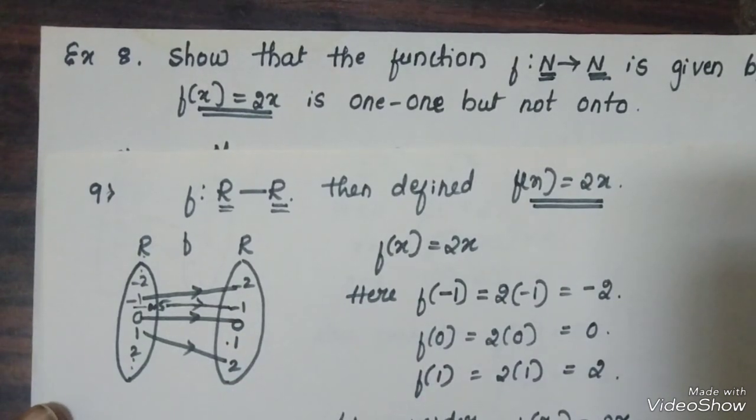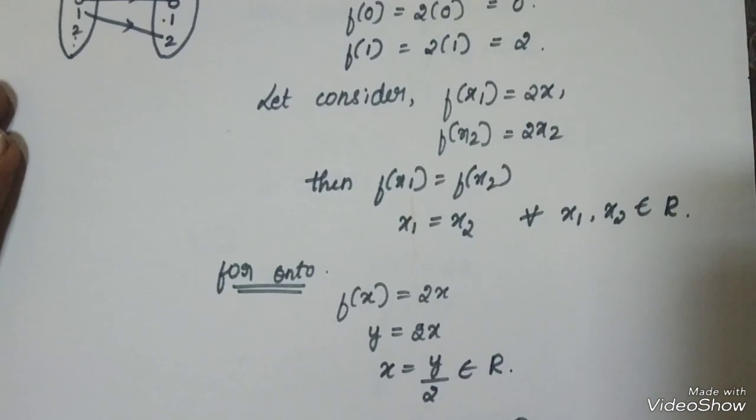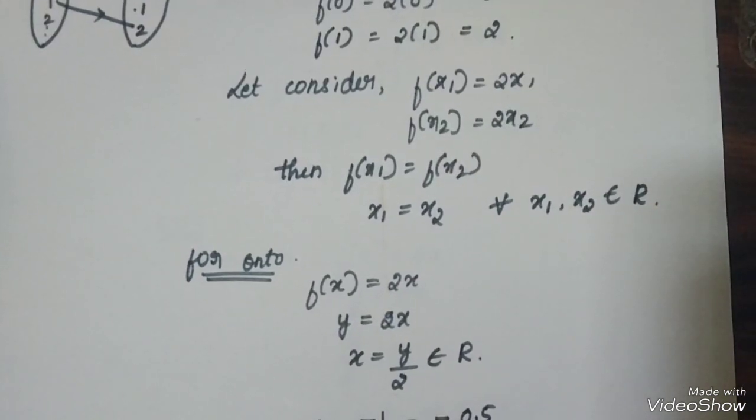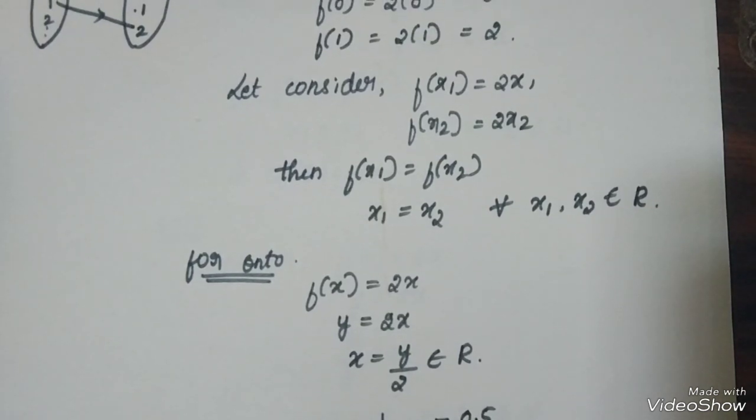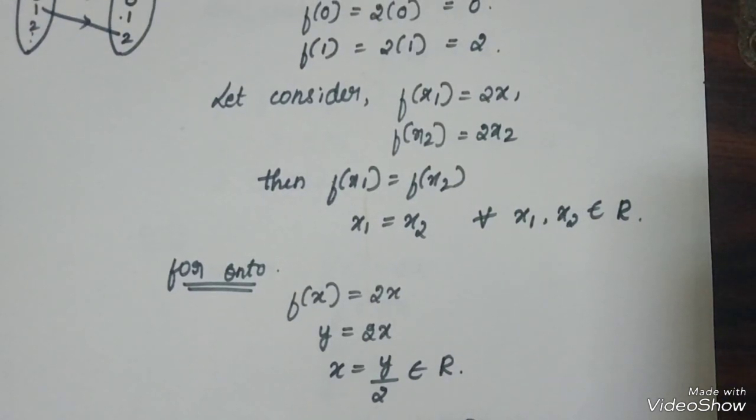Then again, consider y is equal to 1 by 2, which means 1 divided by 2, then again in brackets. By the condition the answer will be 1 by 4, because this will be multiplied here. 1 by 4 is also a real number.